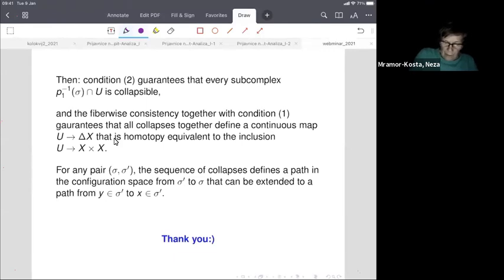Of course, we have to have a subdivision of the configuration space to work with discrete Morse theory. So for any pair of cells in the subdivision, we can find a sequence of collapses onto the diagonal, which is going to provide a path in the configuration space from one point to the other.